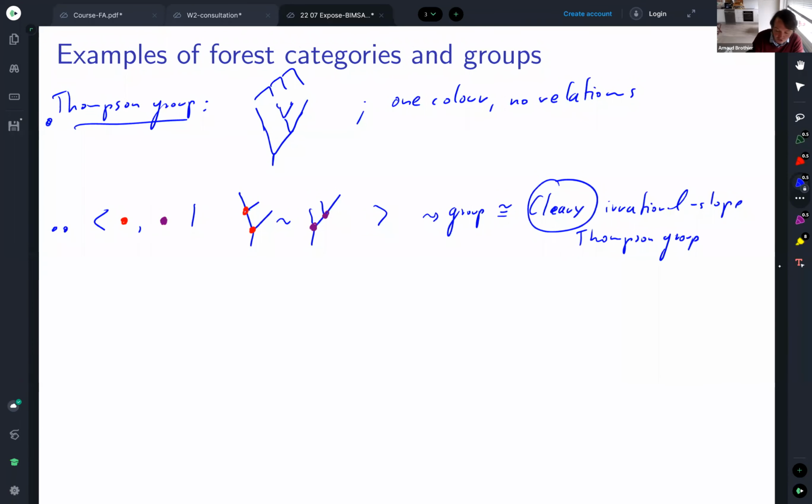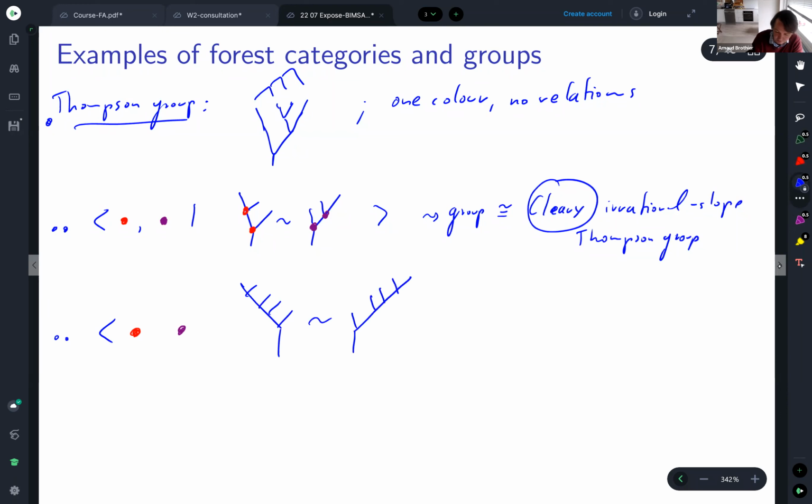But of course, you can generalize this kind of example completely. If I take the same, then you see, if I put a red, I put purple, and then my relation is something like that. So I put as many as I want, and same colors as before.